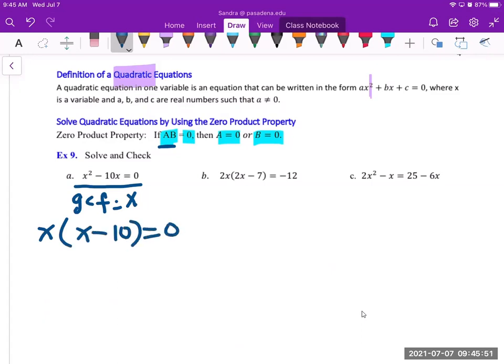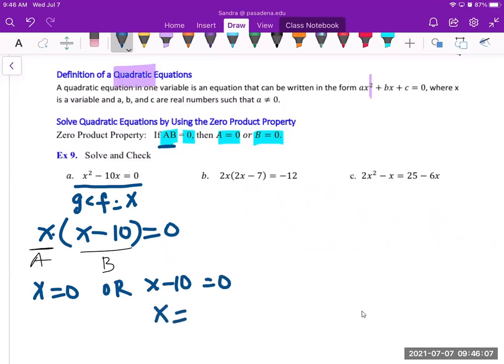And you can see that this is a product. Then this is like my A, and this whole thing is like my B. So then X is equal to 0, or X minus 10 is equal to 0. So X is equal to 10, or X is equal to 0, yeah?